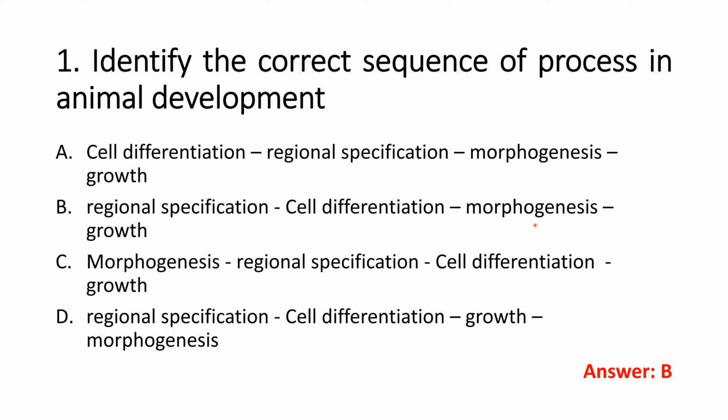Morphogenesis is responsible for forming the body plan and arranging the organs and tissues in their proper positions. Then growth. Growth is the last in the sequence. So what happens in growth? Growth involves an increase in the number of cells through cell division and an increase in cell size. So like that, the sequence of processes in animal development takes place.